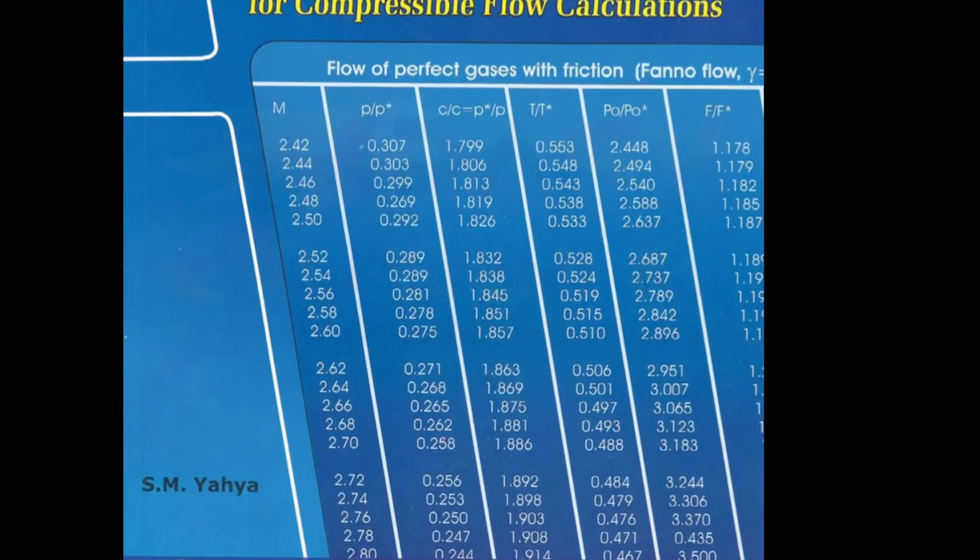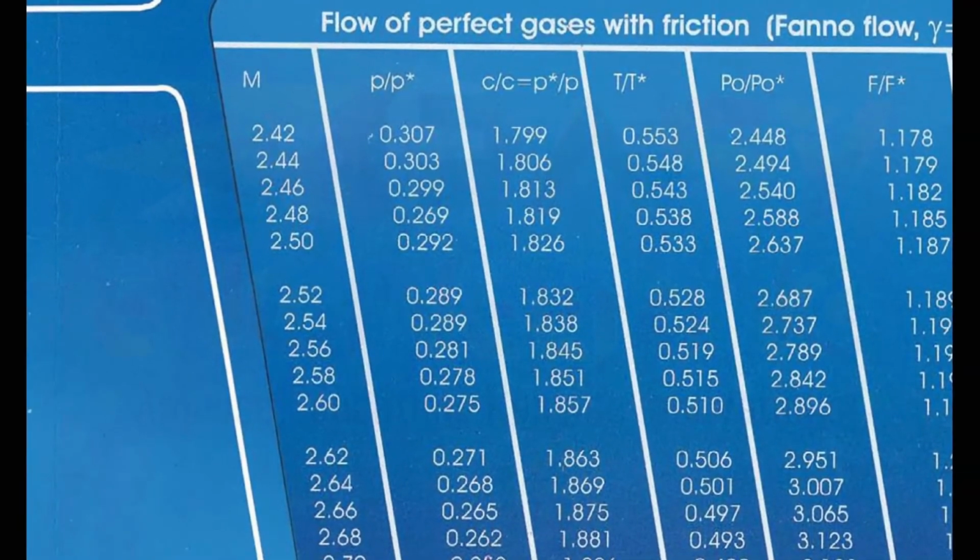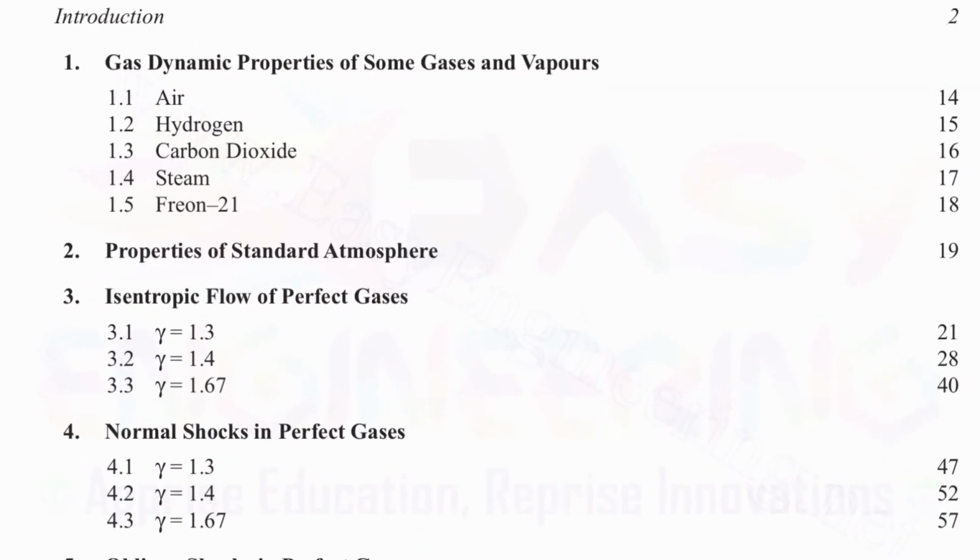So I'll go to the gas tables now. We'll go to the index of the gas table. What value do we have to look for exactly? First we have air. Air is a perfect gas, so we have to see the third chapter of this gas table.